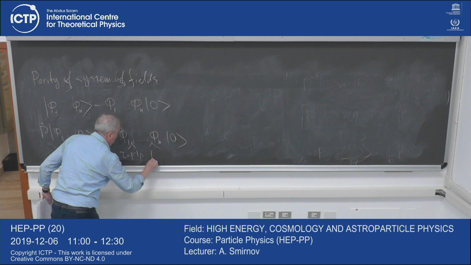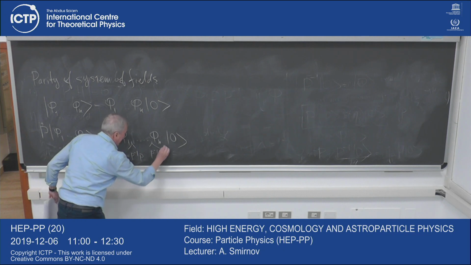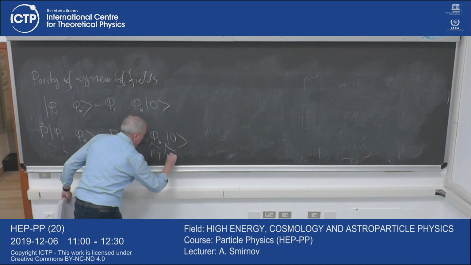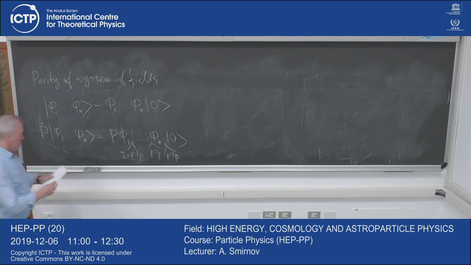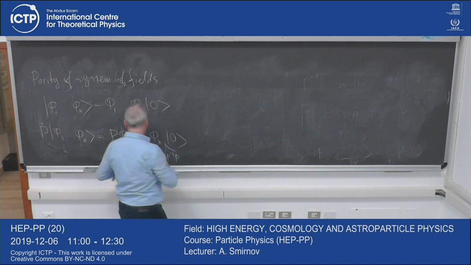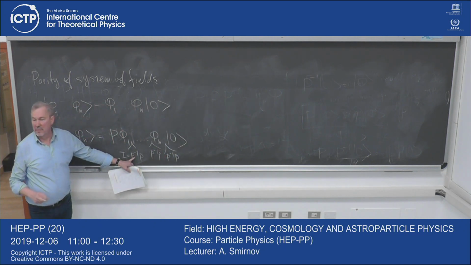So also here P minus 1 P, and also here P minus 1 P. So what I will get is the following, and P minus 1 is the inverted operator.